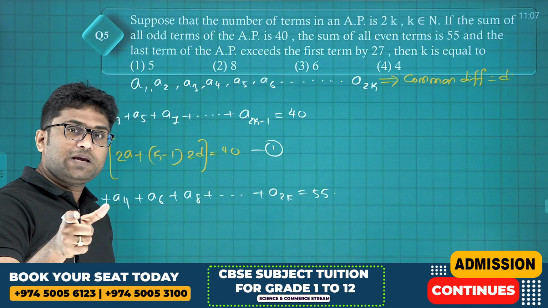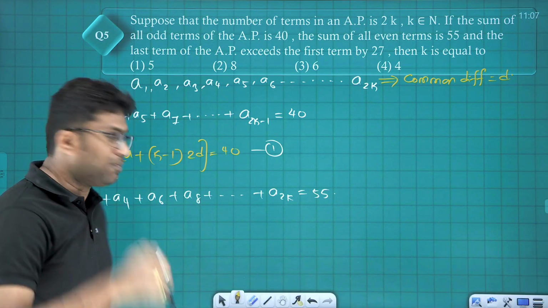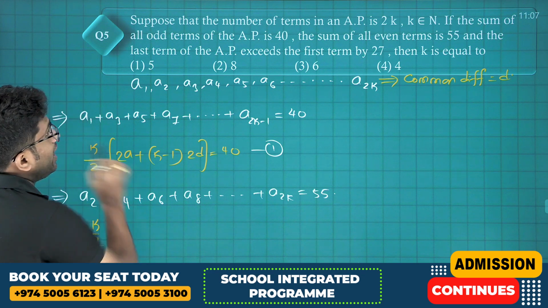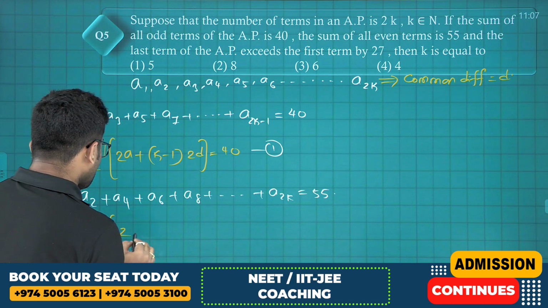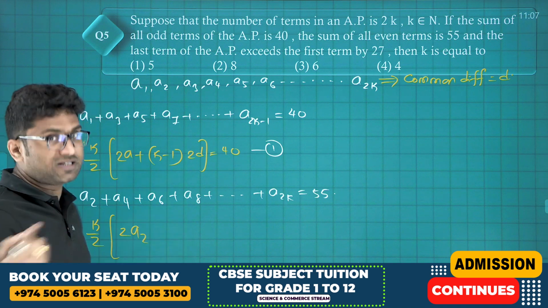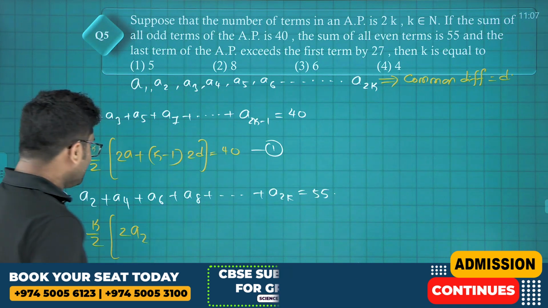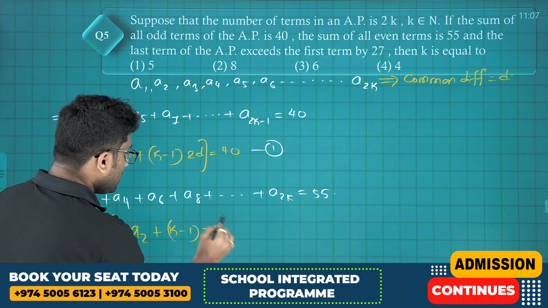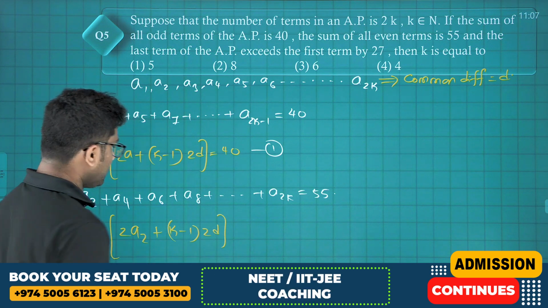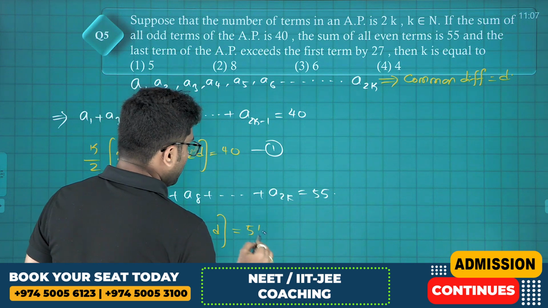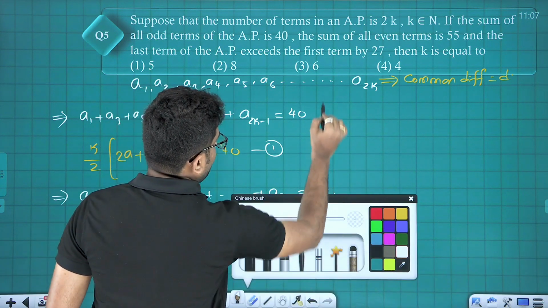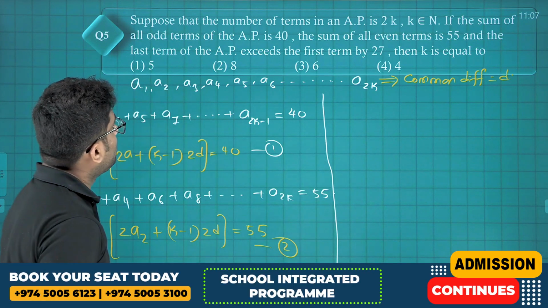Selection of terms of an AP in regular intervals will also be in AP. So k by 2 times 2a2, where a2 is a plus d, we can write it as a plus d plus k minus 1 into again 2d, common difference is 2d, is equal to 55. That is equation 2.